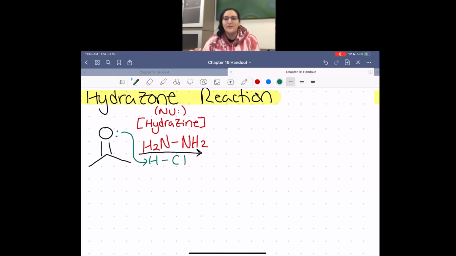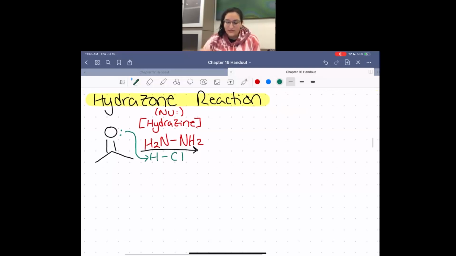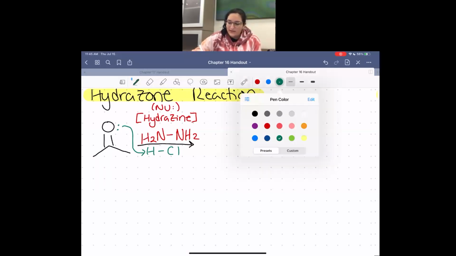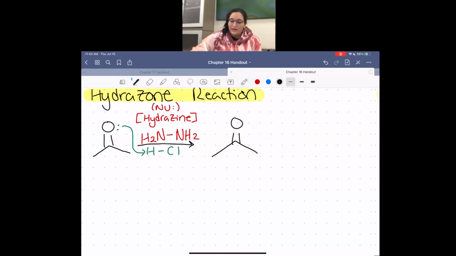You just have to know the main ideas. So for this one, it gets protonated, and now the nucleophile is going to attack.